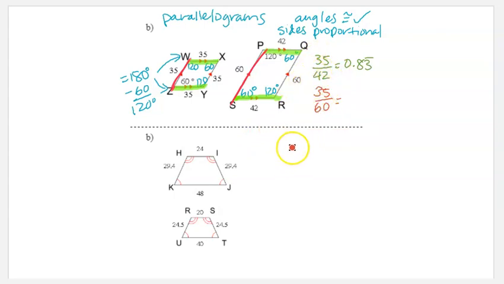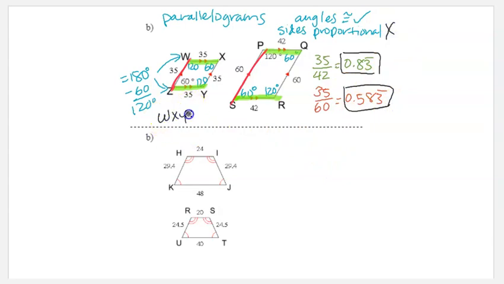So that is going to give us a different ratio. 35 divided by 60 is actually 0.583 repeating. So as you can see, these are different ratios, and so no, the sides are not proportional. Therefore, WXYZ and PQRS are not similar.